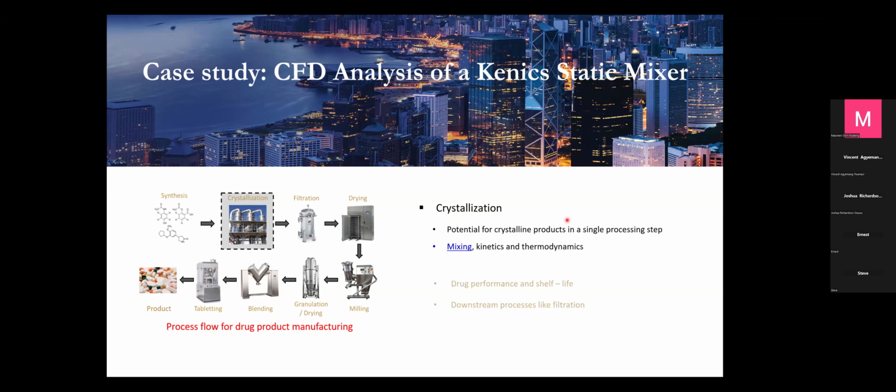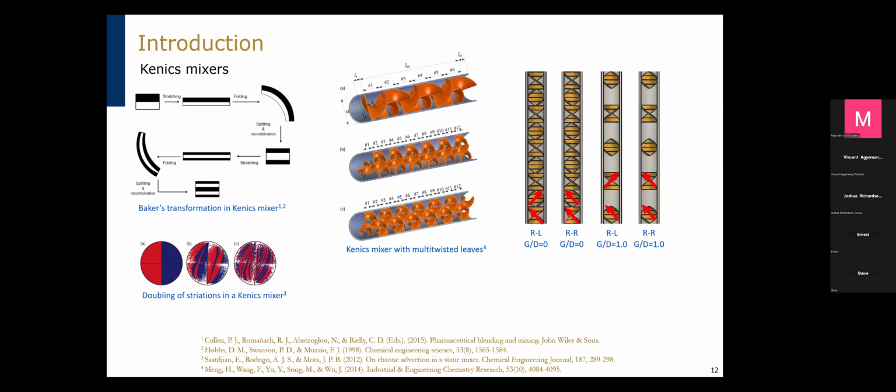So here, the goal is to come up with a mixer that can minimize some of these supersaturation gradients. There are a number of mixers out there, but here we are looking at a Kenics mixer.